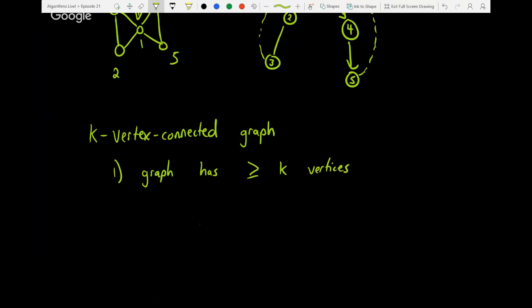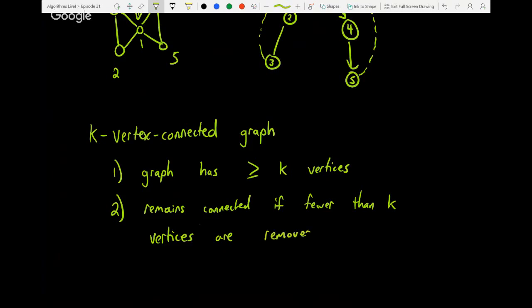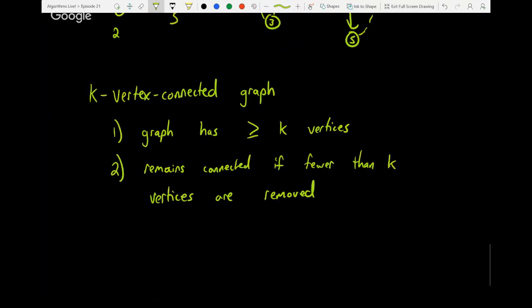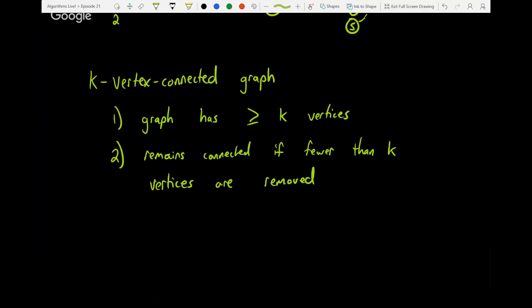And the second is it remains connected if fewer than k vertices are removed. So it basically tells you the fragility of the graph in some ways.